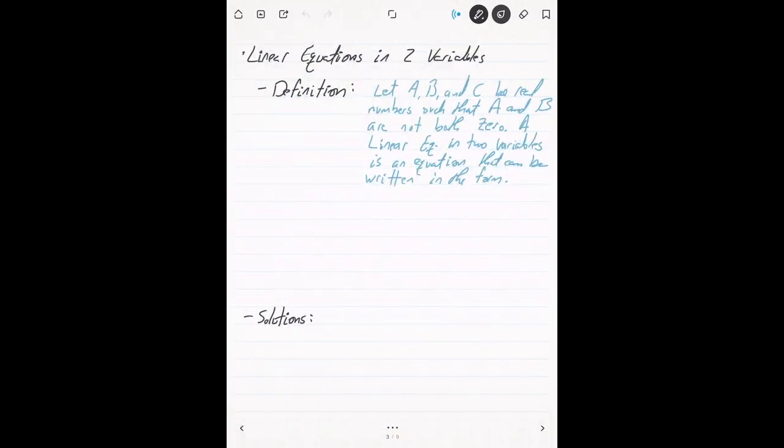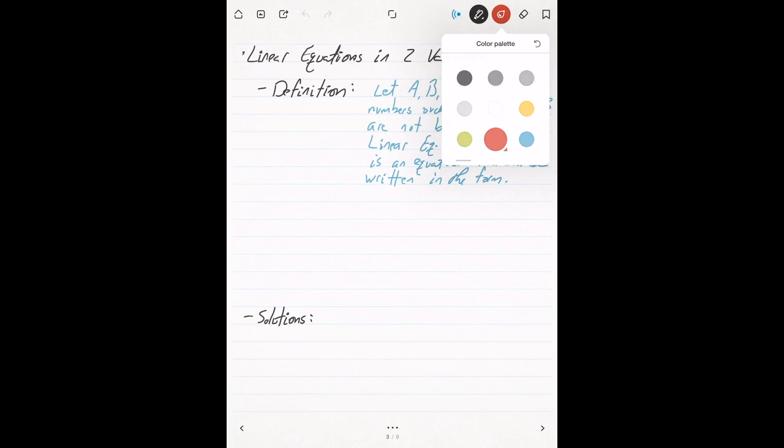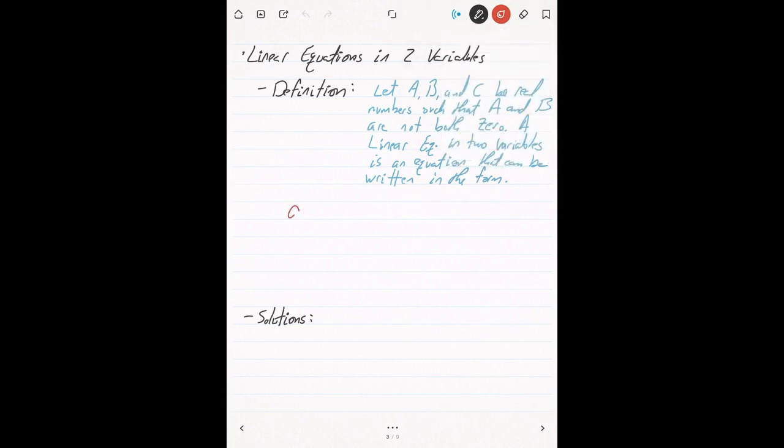Now that we've reviewed graphing and some of the key features to a graph in the Cartesian plane, I want us to focus on defining a linear equation, and this time defining it in two variables. If you remember, the single variable linear equation was defined as ax plus b equaling 0. Or sometimes we would define it as equaling c.